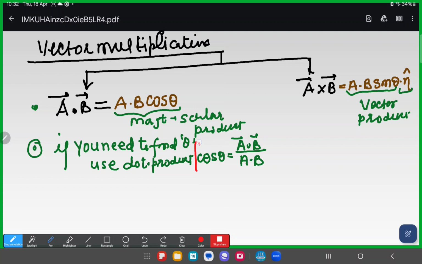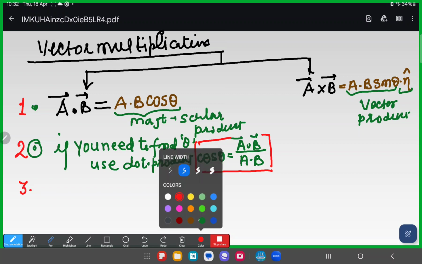This is the formula through which we can calculate the angle between the two vectors.